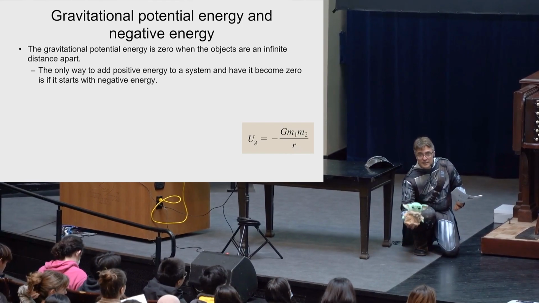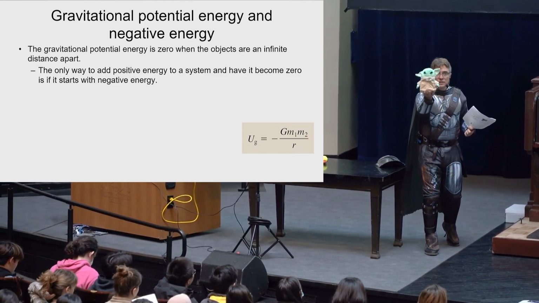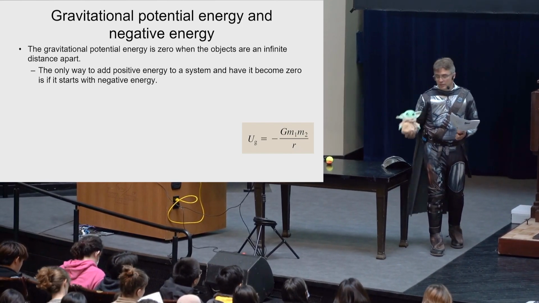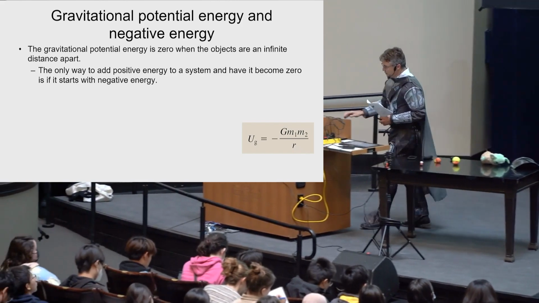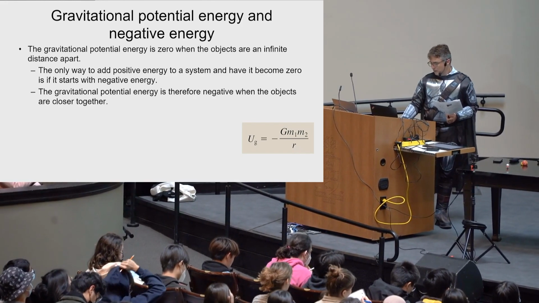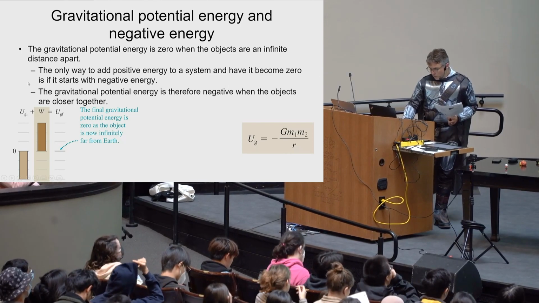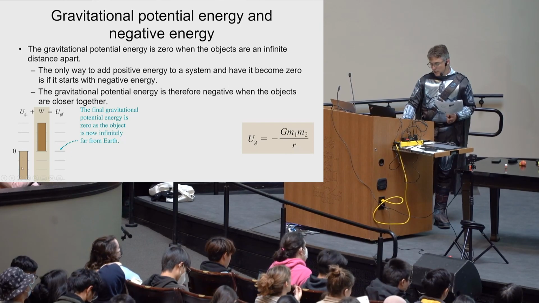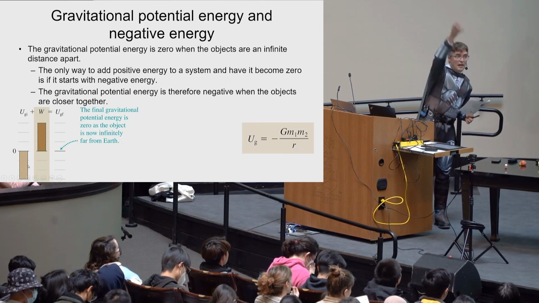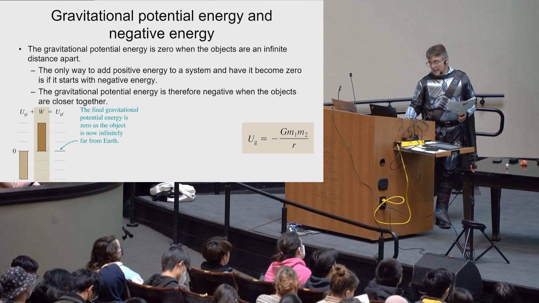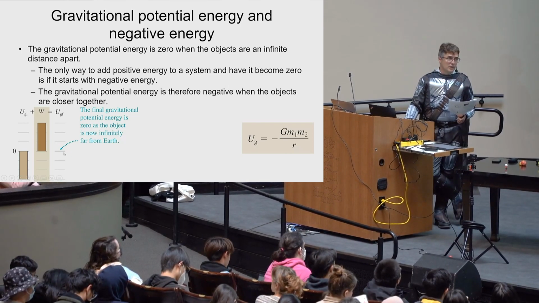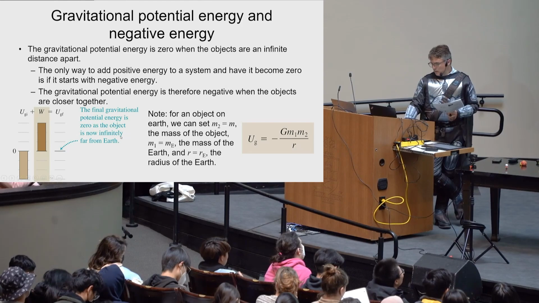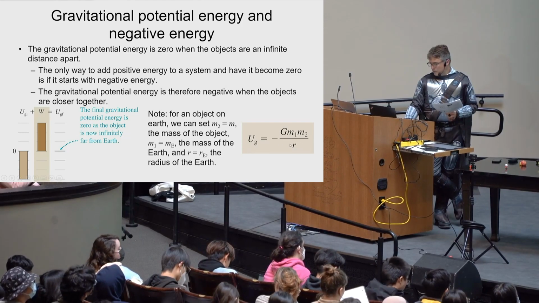If I increase that distance by pushing them upwards, then I'm increasing gravitational potential energy as you increase that r distance between them. So it's weird. That's why it's negative. The work done by lifting something is positive, and the gravitational potential energy was initially negative. So if you were to lift that Yoda all the way to infinity, you would end up with 0 potential energy. You separate two objects. So again, there it is.